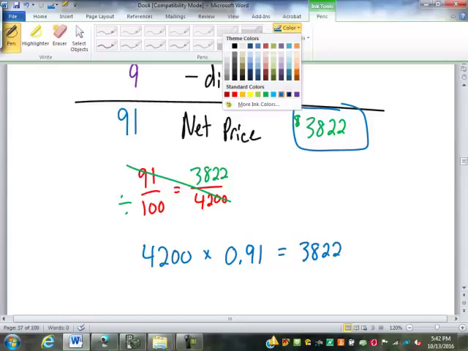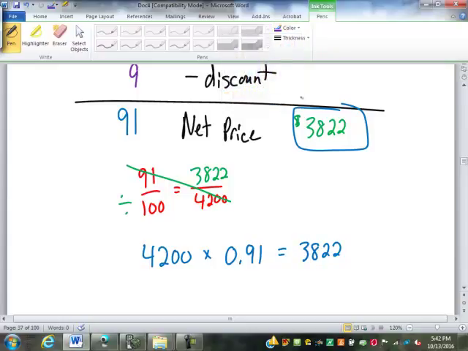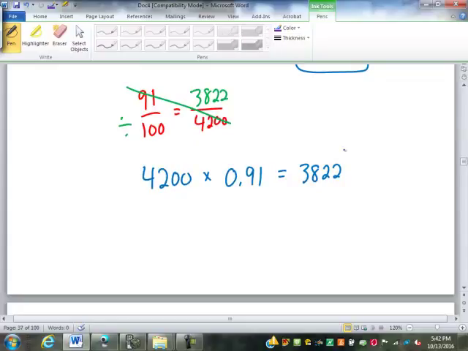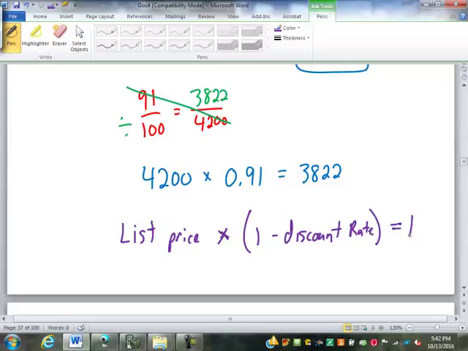So this happens enough that it's easiest just to do it with the rate method. Quicker to do it with the rate method. So the way this works, it's the list price times 1 minus the discount rate equals the net price.